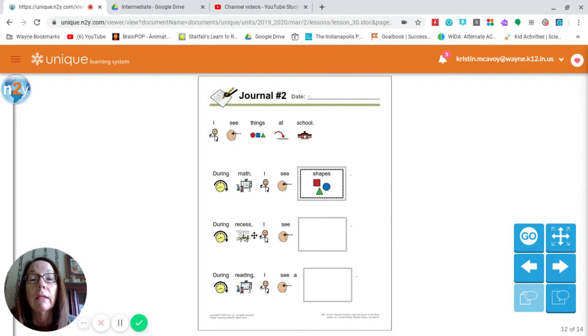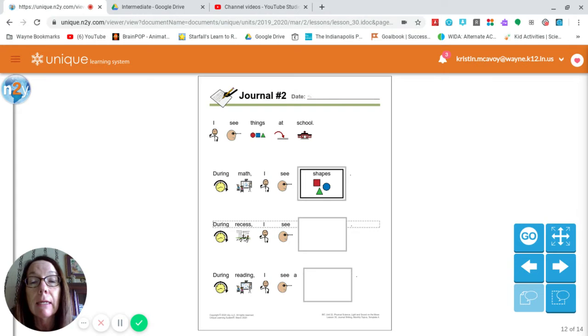Okay, the next writing prompt sentence is, during recess, I see. So think about all of the things that you see during recess. Lately, we've had a lot of indoor recess because of it being winter before this all happened and we had to stay at home.